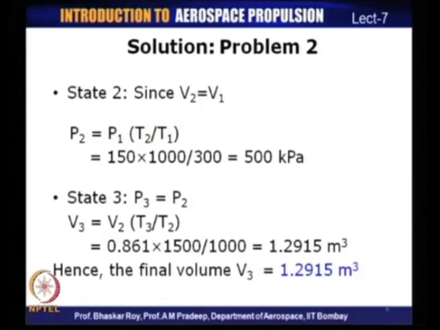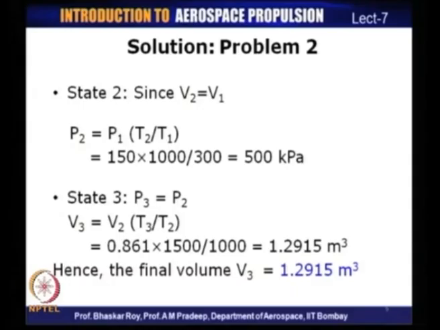Now we look at state 2. We have calculated all the parameters at state 1: the volume, temperature and pressure. The first process, which takes the system from state 1 to state 2, is a constant volume process.